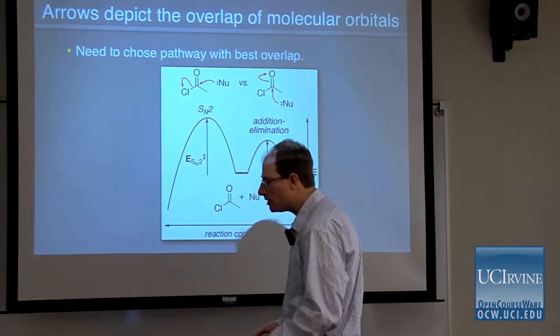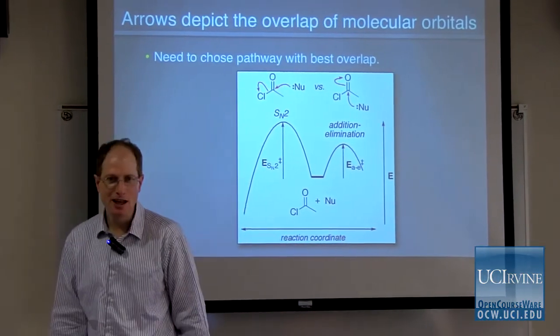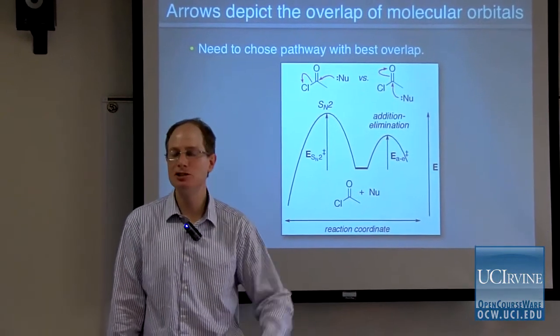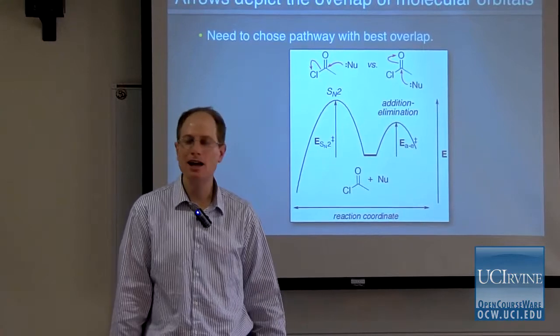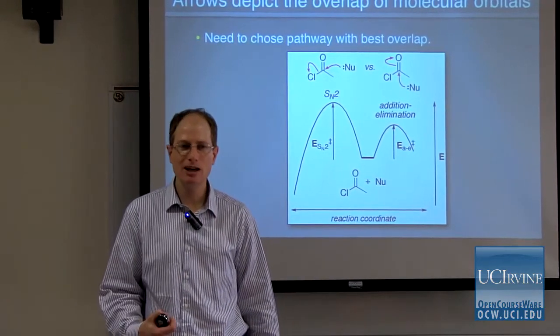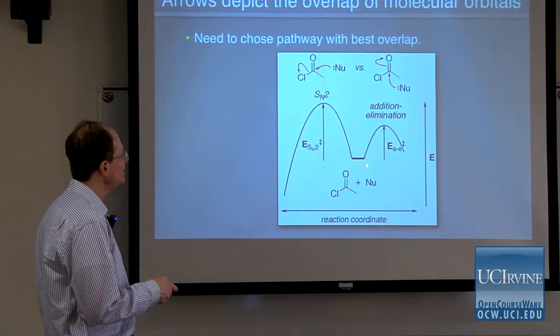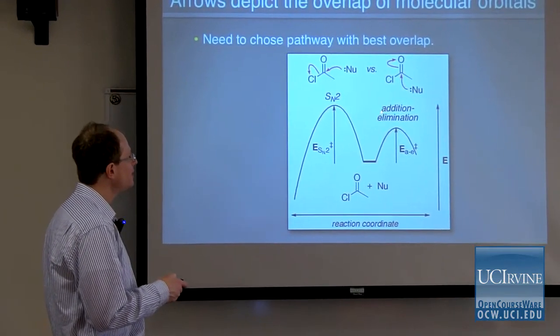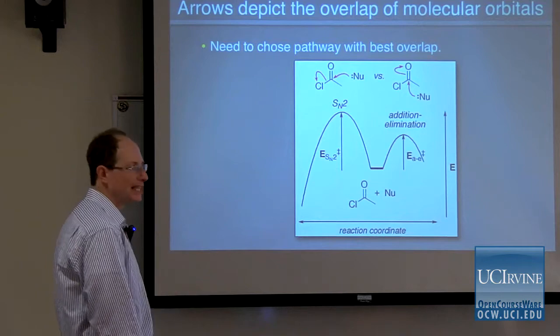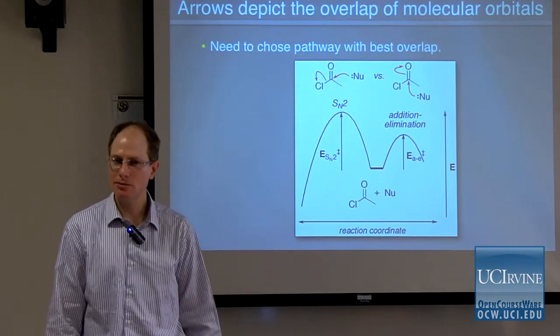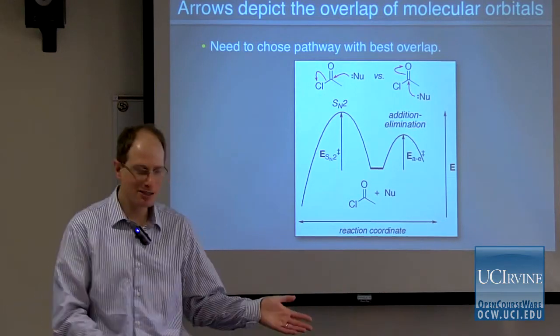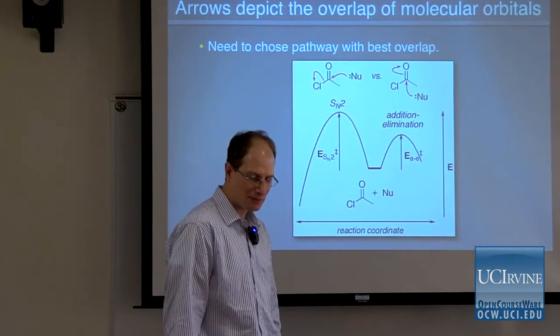I will tell you also that electrons are lazy, that they do not expend any extra energy than they need. And in doing so, they are going to prefer very strongly the tiny little hill, or the much smaller hill, of the addition-elimination reaction to the SN2 reaction. Okay? This makes sense. That's the way electrons live their lives.